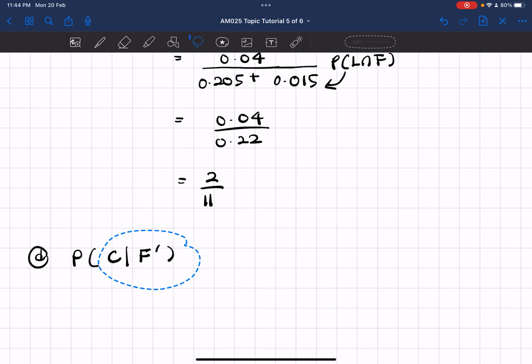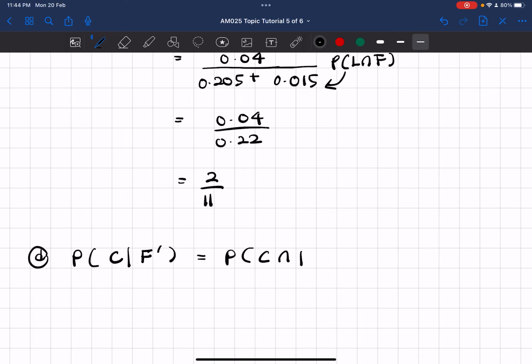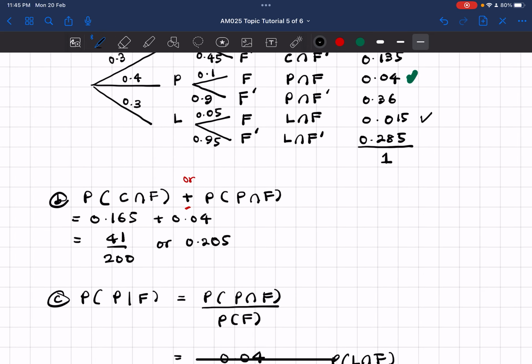All right, so we're going to use the conditional probability: the probability of C intersect complement of F, register successfully, divided by the probability of the complement of F. So what is C intersect complement of F?